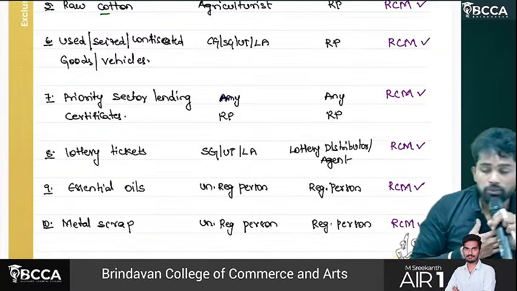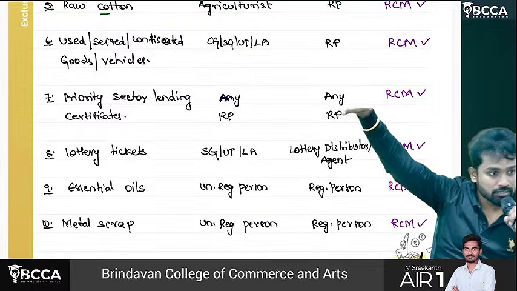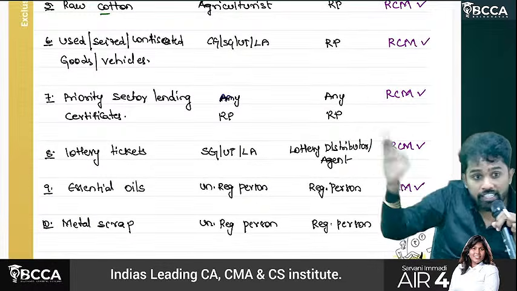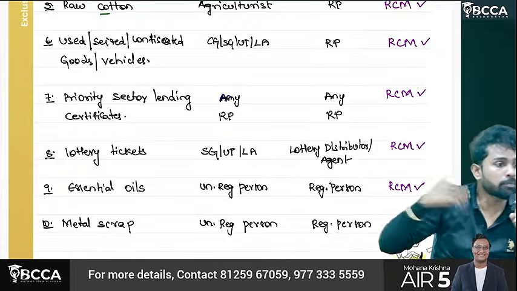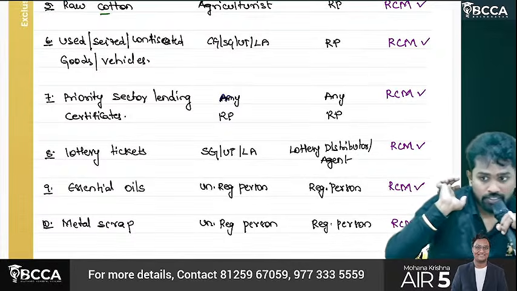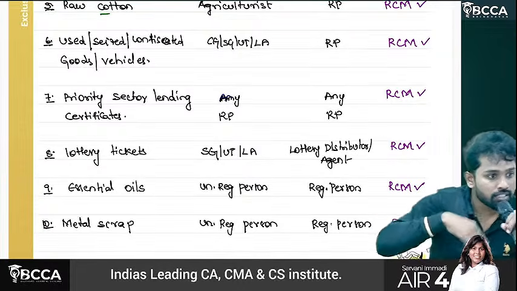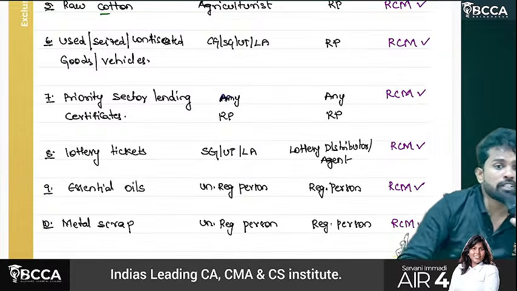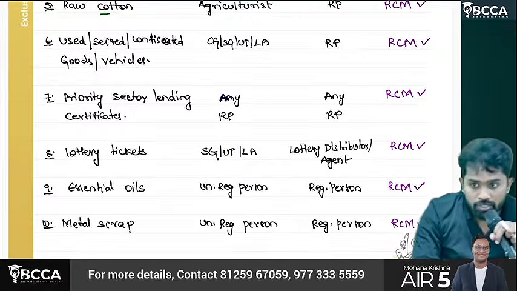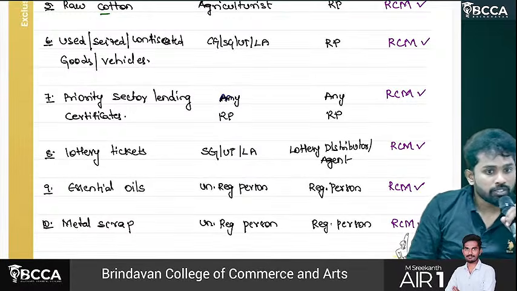There is another bank which has a surplus, so from that bank I can get the credit points. How will the credit points be given to me? In the form of a certificate. That certificate is nothing but the priority sector lending certificate. Simple, like carbon credit. You know carbon credits. Okay, what is carbon credit, sir?